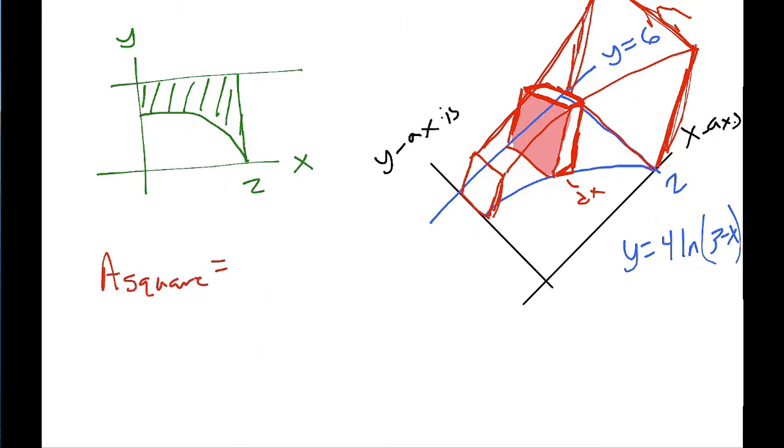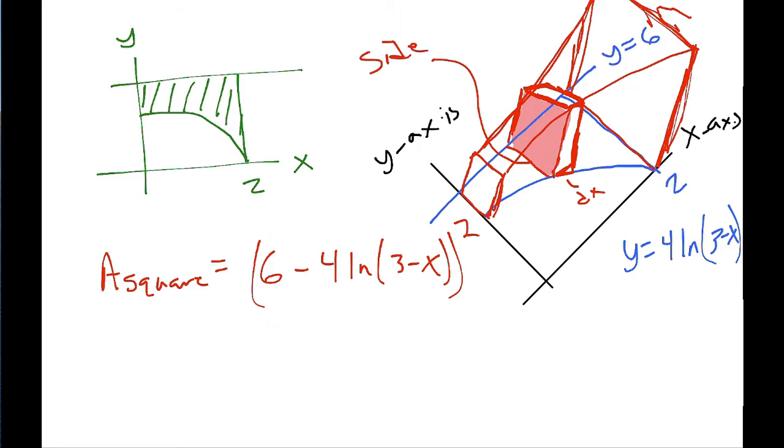The area of that square would be the top curve minus the bottom curve, and then squared, because this side is equal to the top minus the bottom. So that's the area of the square.